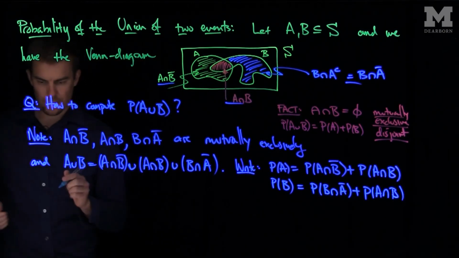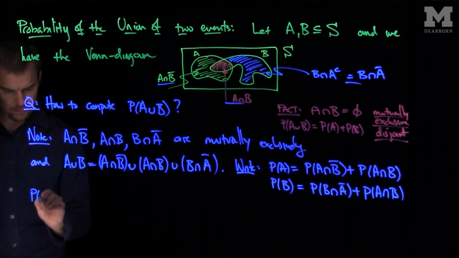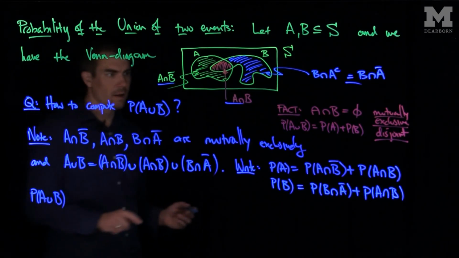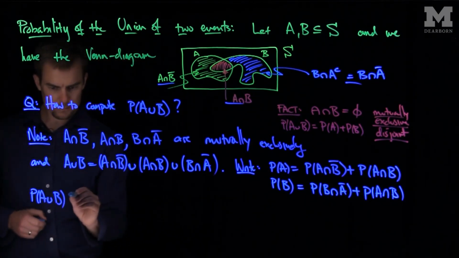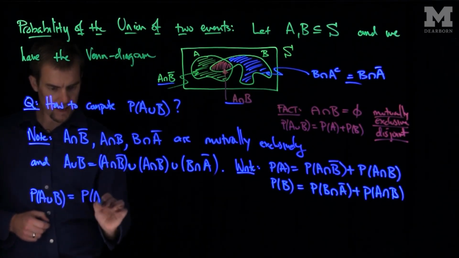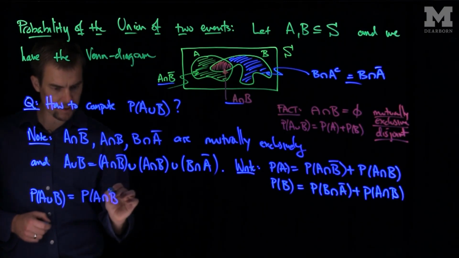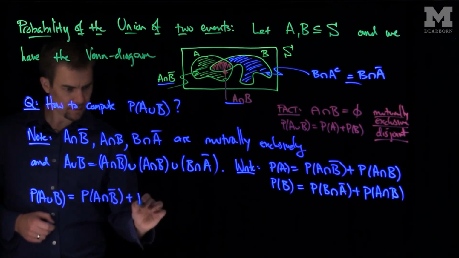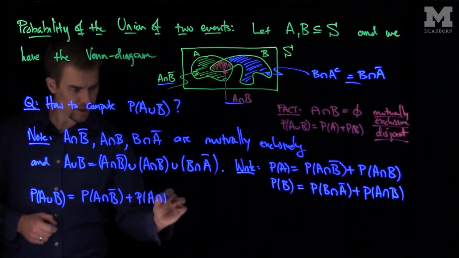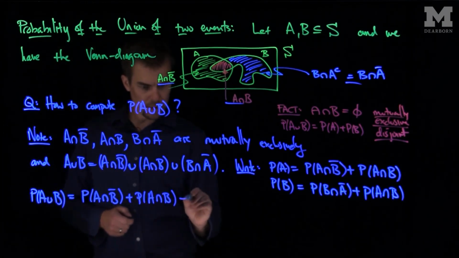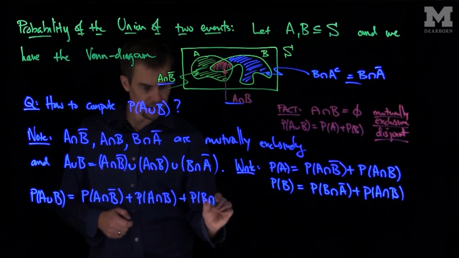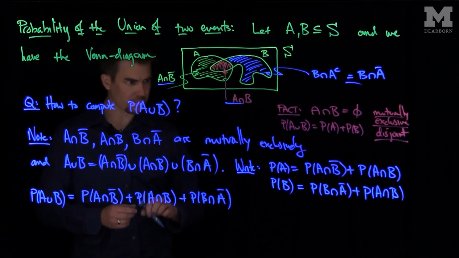We have now that the probability of A union B is the probability of A intersect B complement plus the probability of A intersect B plus the probability of B intersect A complement.